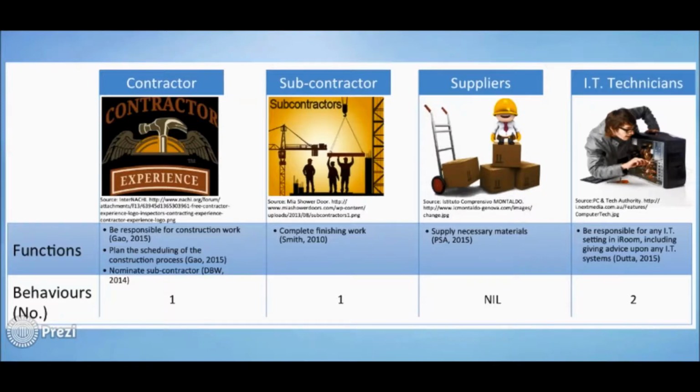For the suppliers, the function is to supply necessary materials during the construction work, and the behavior is not applicable because it depends on the number of necessary materials. The function of IT technicians is to be responsible for any IT setting in the Iroom, including giving advice upon any IT systems in the Iroom. The behavior of the technician is 2.